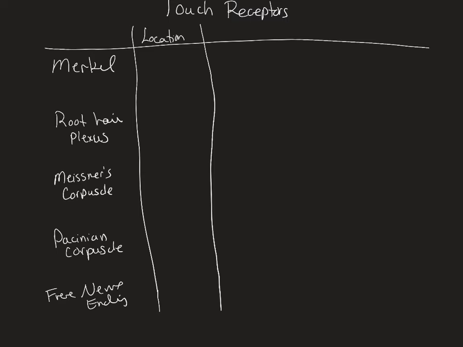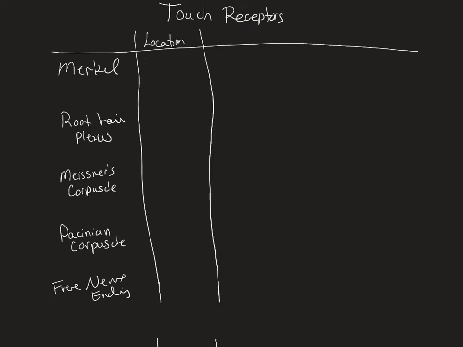So, first of all, we want to look at location. The Merkel cells are found in the epidermis, specifically in that stratum basale, okay? And then I want to compare and contrast the Merkel cell with the Meissner's corpuscle, because what type of receptor is it? Well, both of these are light touch, okay? So how do you distinguish them?